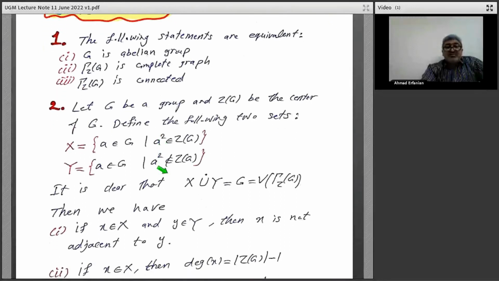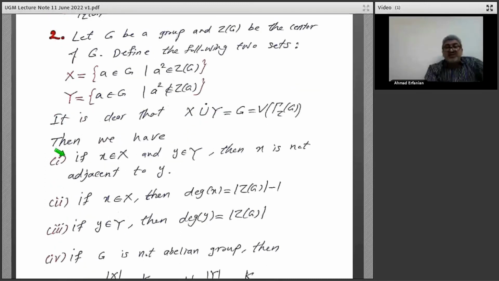Here are some results about the central graph, right? We have 3 equivalent statements in this proposition: G is an abelian group, equivalent to the central graph being a complete graph, or connected.